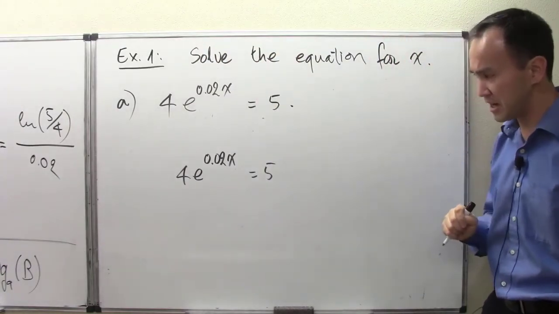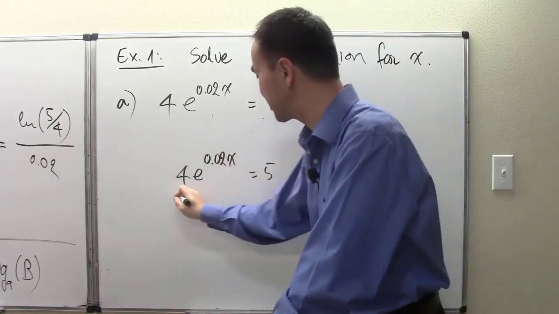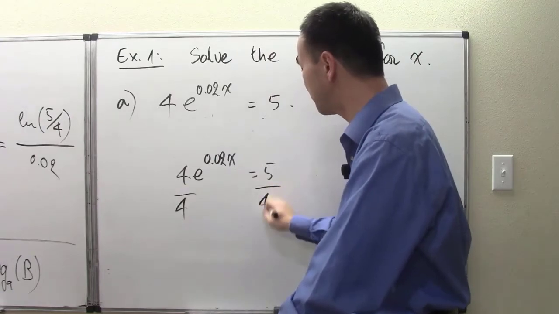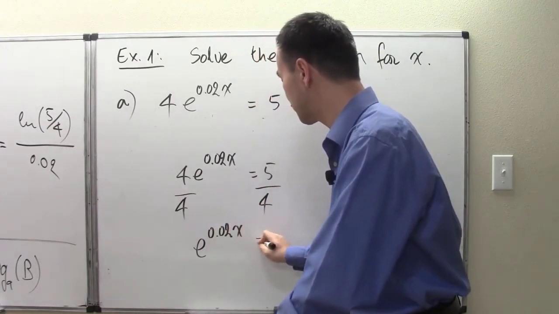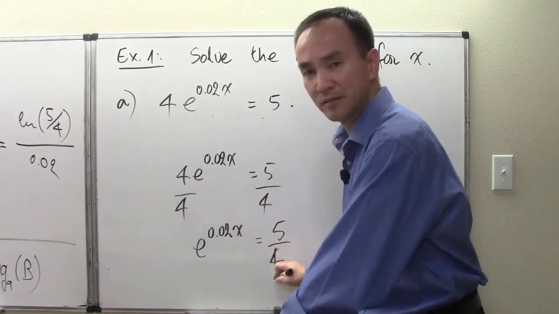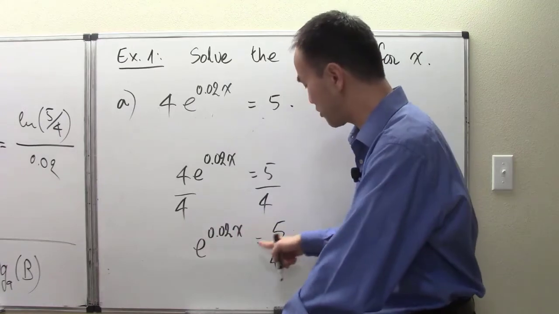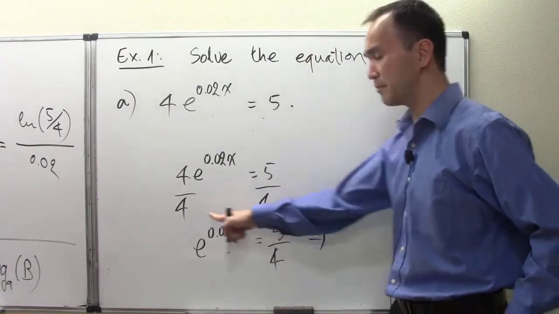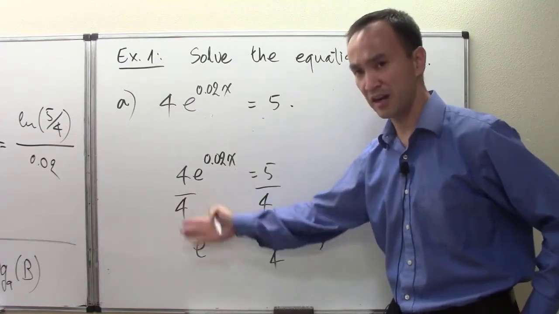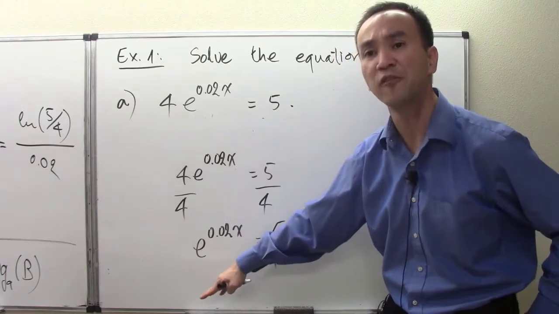But now the method I used there was simply to extract out. So divide both sides by 4, and we got e to the 0.02x equals 5/4. And then when we ended up with one single exponential term equal to a constant, we immediately saw this, according to my explanation in that lecture, as an exponential form of an equation.